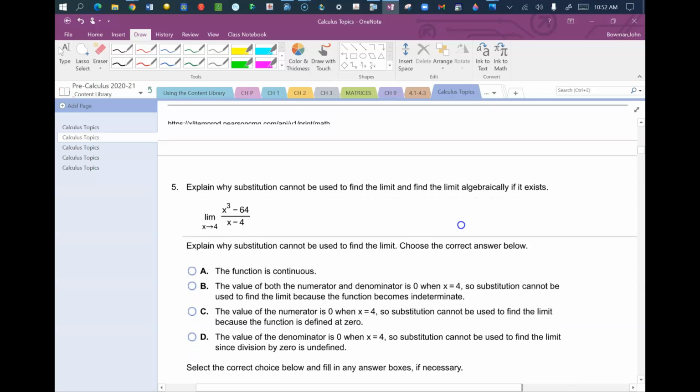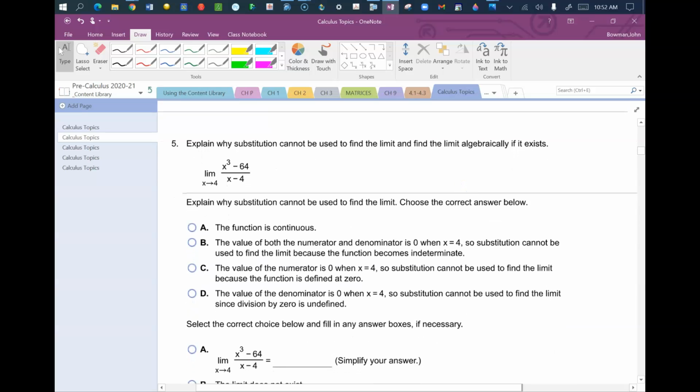And for the last problem that I'm going to do, I am going to try substitution. I plug in 4 and I see that 4 makes the denominator 0. So I notice that both the numerator and denominator are factorable.